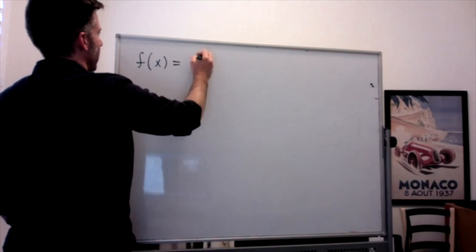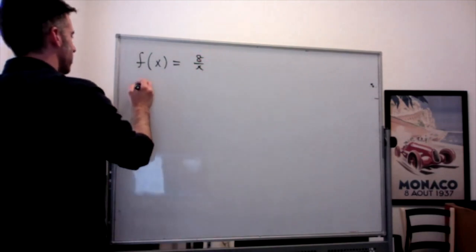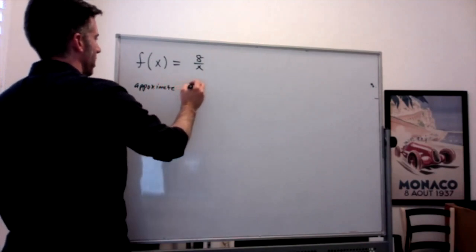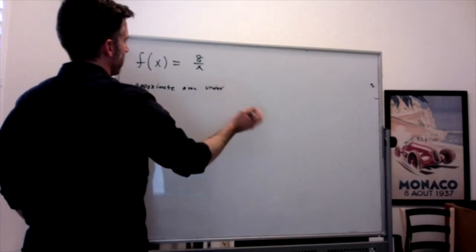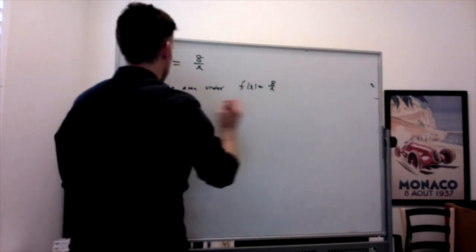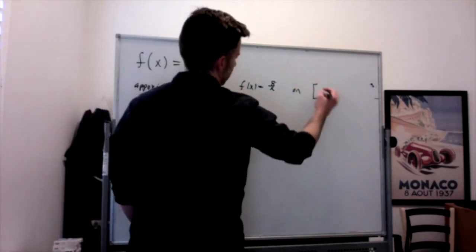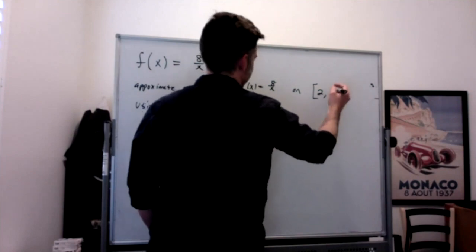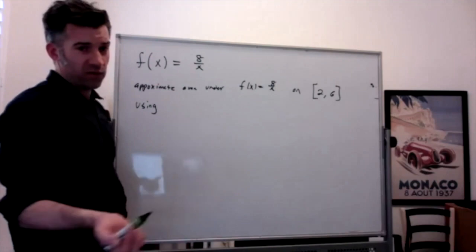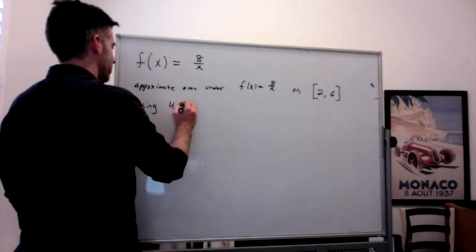Let's say my function is 8 over x, and I want to approximate the area under the curve on the interval from, let's say, 2 to, I don't know, 6. Should we use 4 subintervals again? Yeah, sure, 4 subintervals, why not?